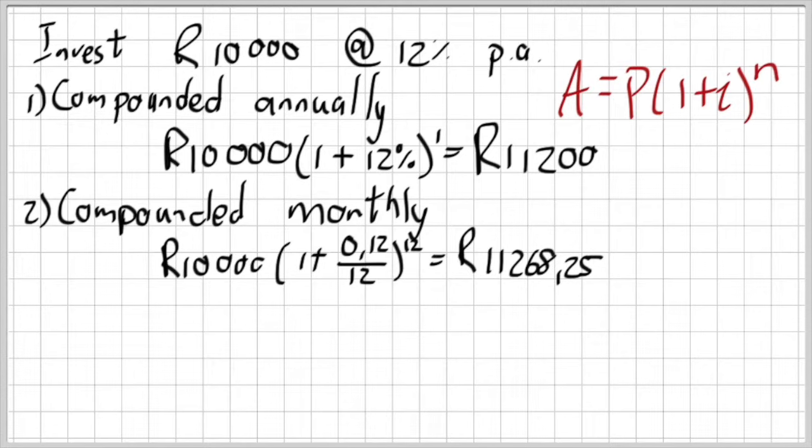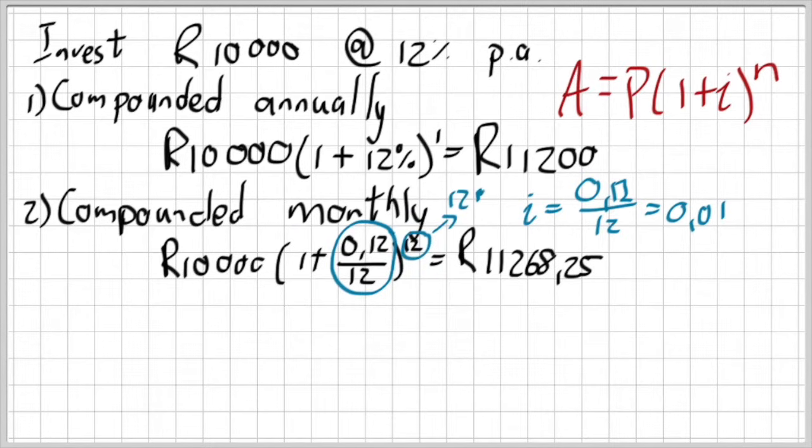I want you to think about what you are doing. This 0,12 divided by 12, that is basically telling you that I've got a 12% interest rate divided by 12, which effectively means a 1% interest rate per month. So my money is going to grow at 1% per month. And the n is 12 because there's going to be 12 months.